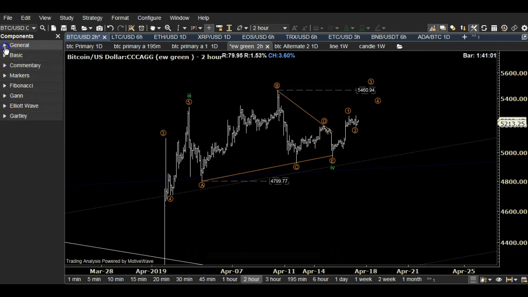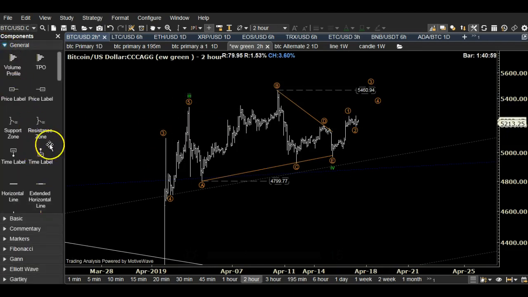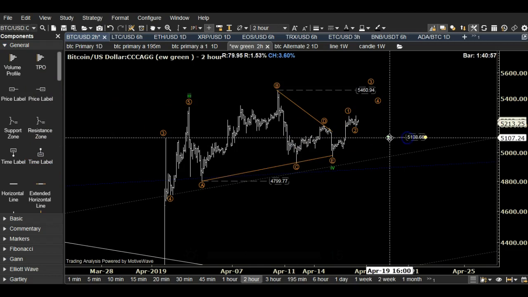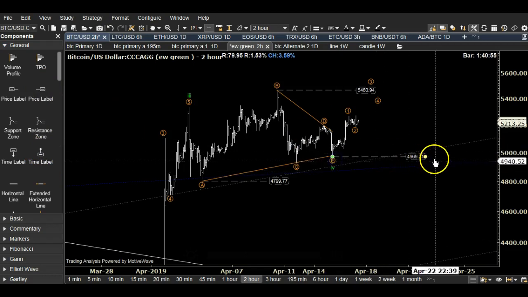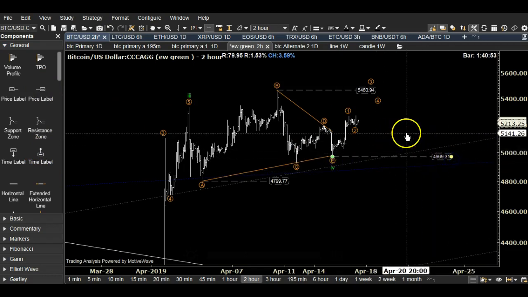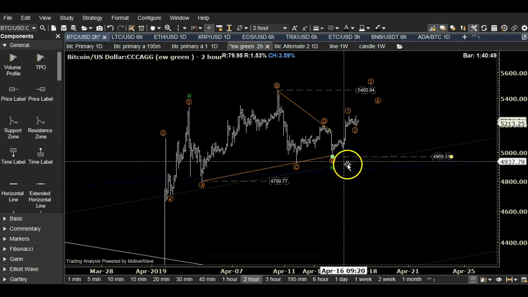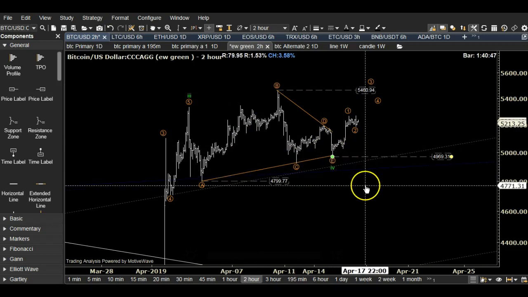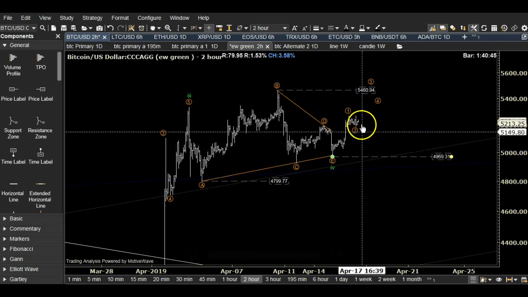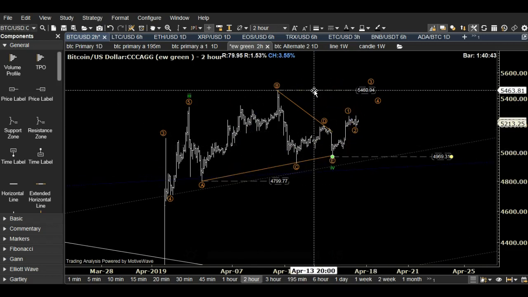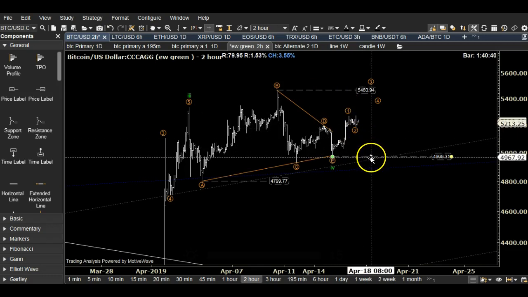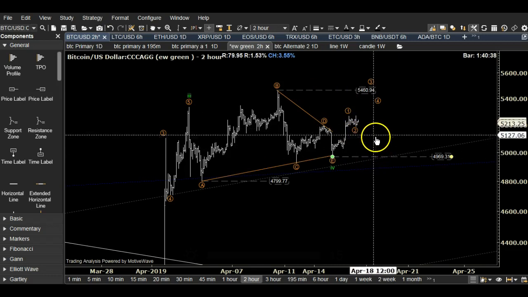On the downside, we would have this wave E bottom, which is 4969 in this platform, that would trigger an invalidation of this count if we're coming back down, right?